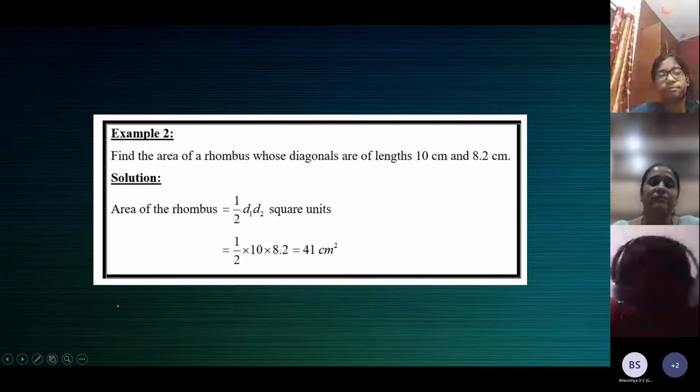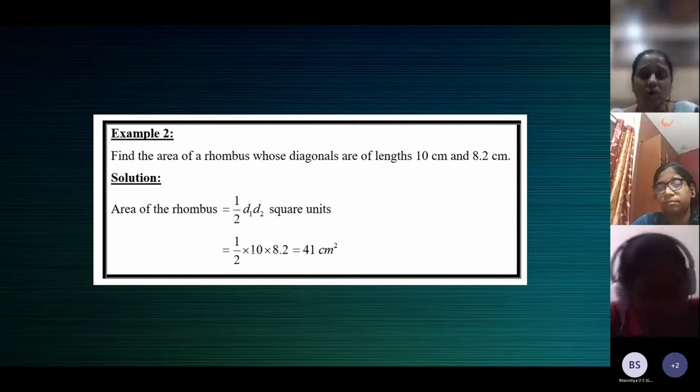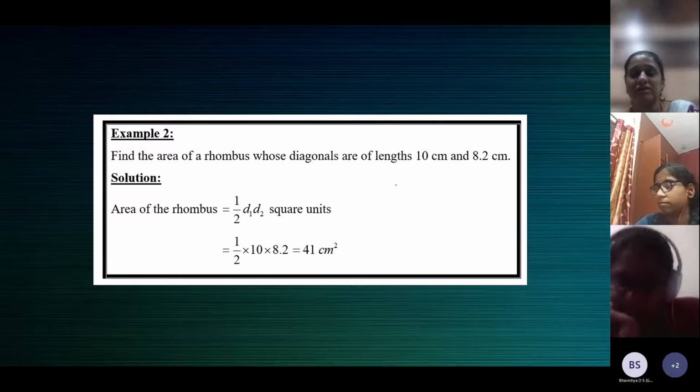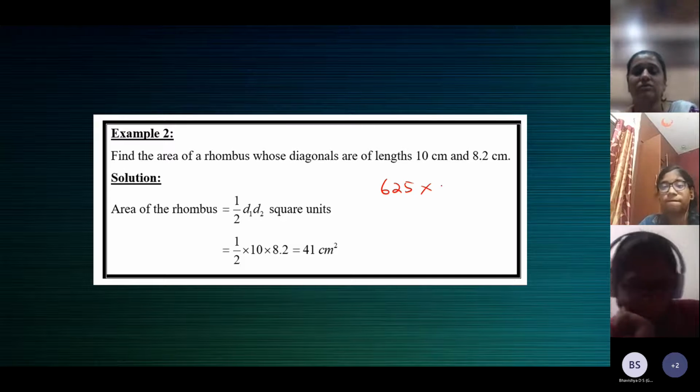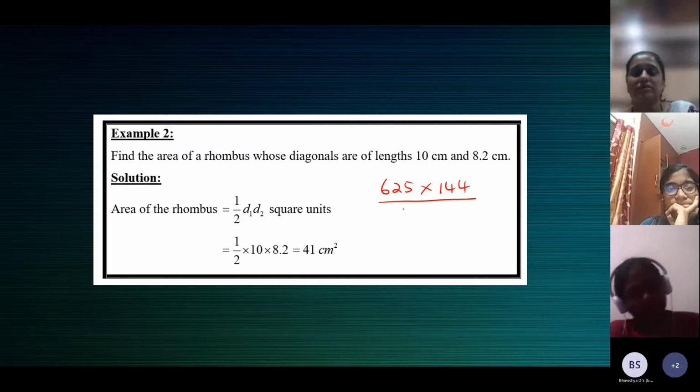Okay, see, we should simplify first. I'm not saying you don't find it. Let me give you an example for now, supposing you had 625 into 144 divided by 25 into 12.